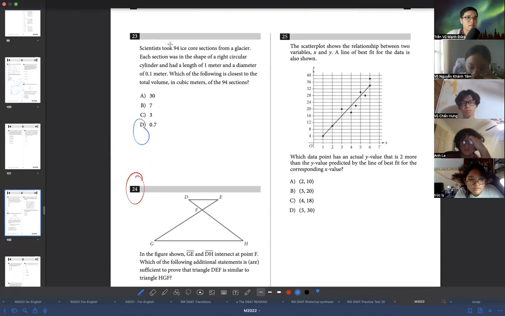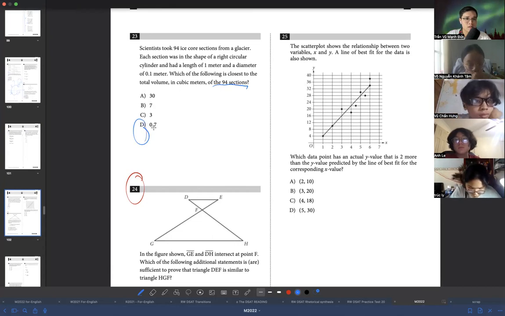Let's see. Scientists took 94 ice core sections from a glacier. Each section was in the shape of a right circular cylinder and has the length of 1 meter and a diameter of 0.1 meter. Which of the following is closest to the total volume in cubic meters of the 94 sections? How can you come about D? Can you explain your choice here? Why did you choose D?